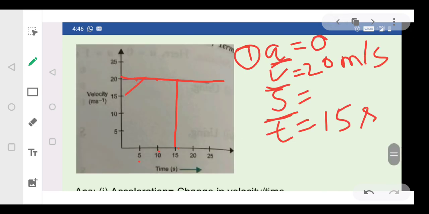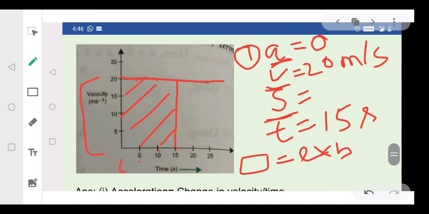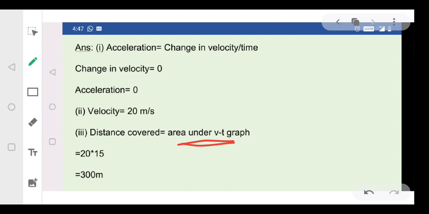Now this shaded portion, you have to find the area of this. This becomes a rectangle. Area of a rectangle is length into breadth. Length here is 15, multiplied by breadth here, which is 20. So distance covered is 20 into 15, that is 300 meters.